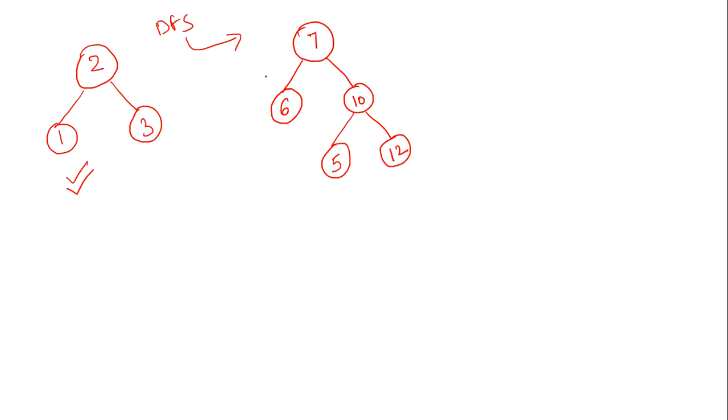But if we compare with what is given in the question and what's the reality, 5 is less than 7, so it must be at the left of the tree. By using the DFS approach we cannot determine this, so we will get a wrong answer, right? So what could be the approach that we can use to implement the same? Let's discuss that.